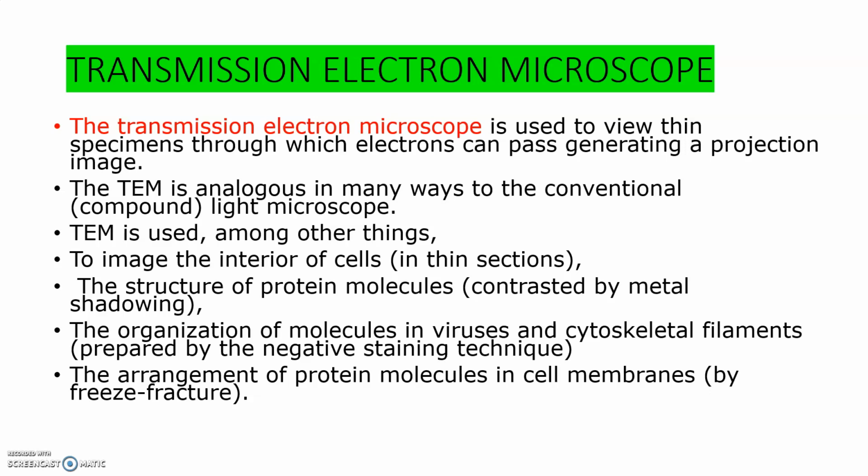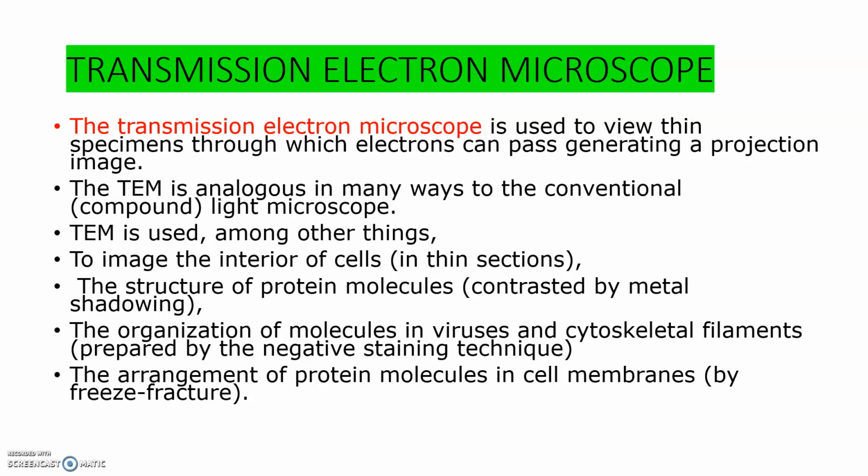It is analogous in many ways to a conventional light microscope. It can be used among other things to image the interior of cells. So the interior of the cells can be viewed using this transmission electron microscope.